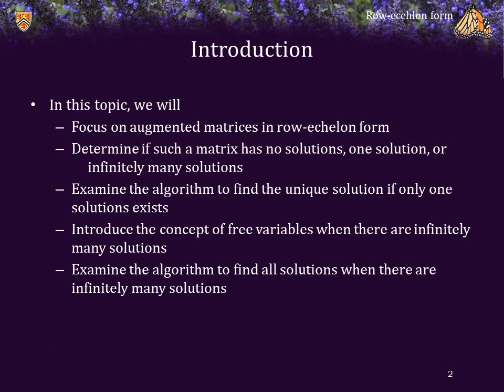We will examine the algorithm to find the unique solution if only one solution exists. We will introduce the concept of free variables, which we will use when there are infinitely many solutions, and we will examine the algorithm to find all solutions when there are infinitely many solutions.